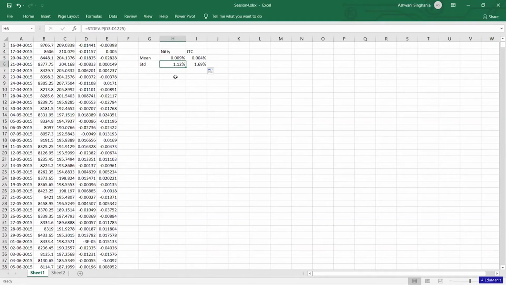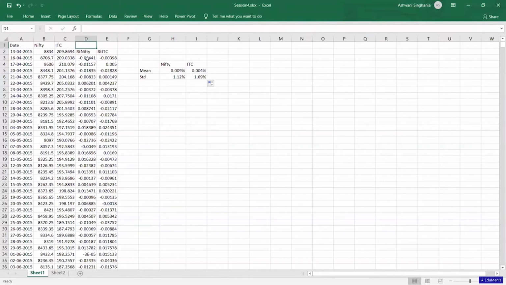Now let's talk about what a standard deviation is. As you know, I have calculated the mean daily return, that is 0.009%. When you observe the data, for example, the first day's return is not 0.009, it is somewhere far from it, maybe on the negative side, or take this example, on the positive side.